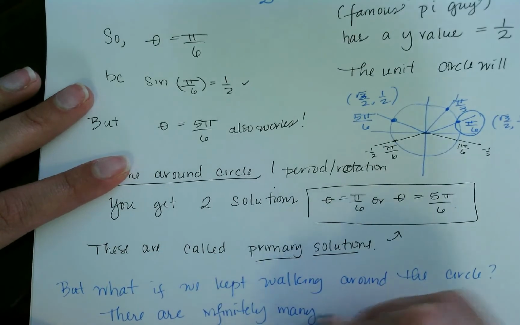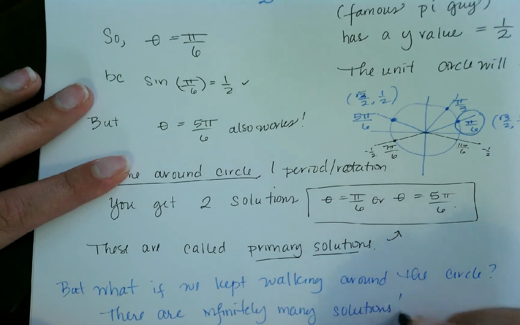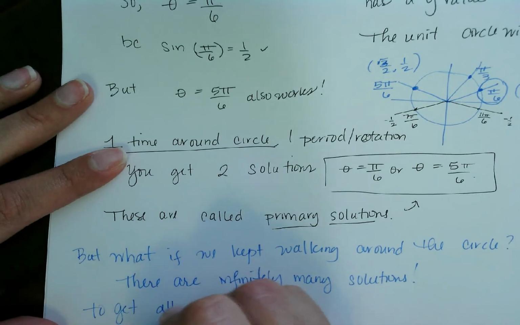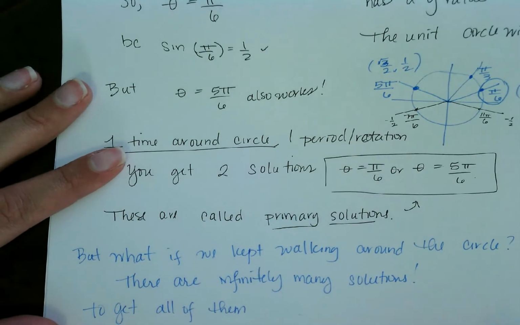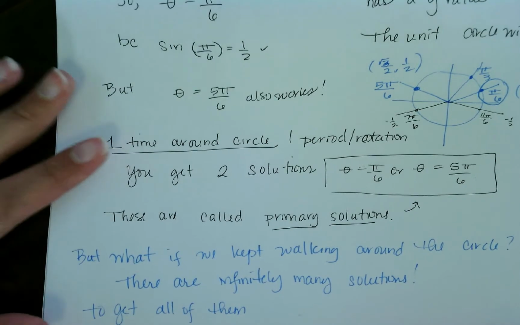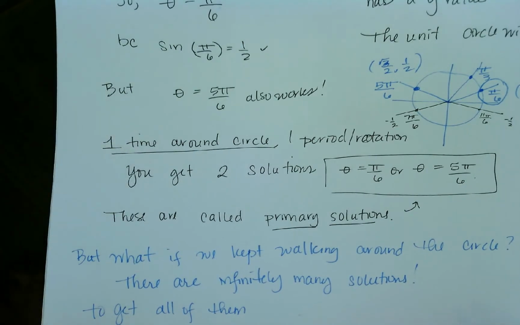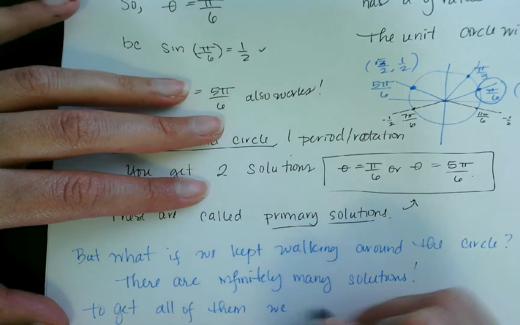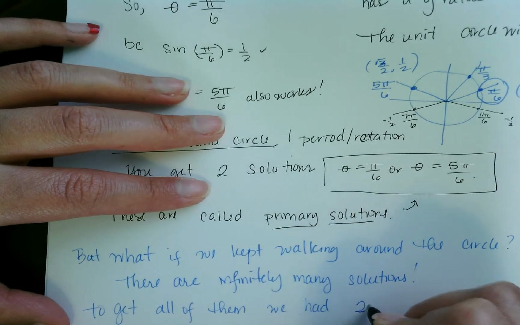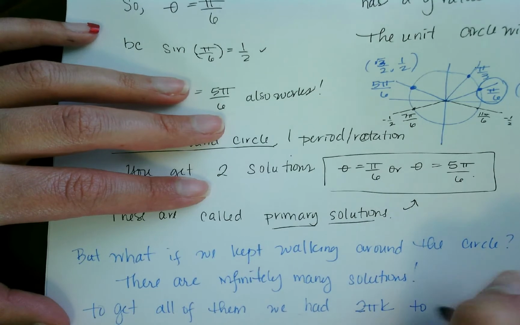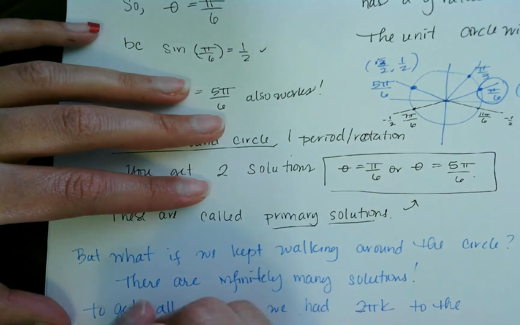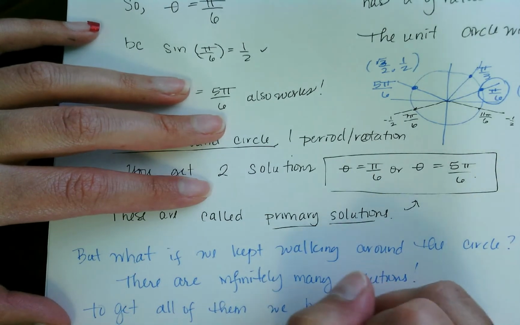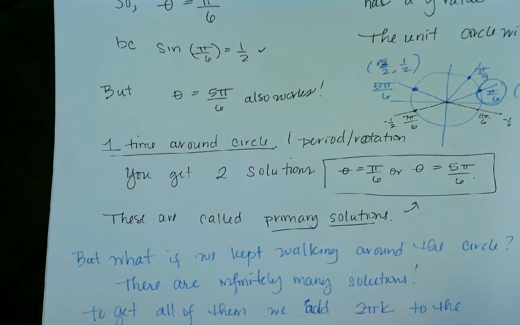To get all of them, there's a way we can write them. We add 2 pi k to the solutions. We add 2 pi k to the solutions, and I'm going to explain why.